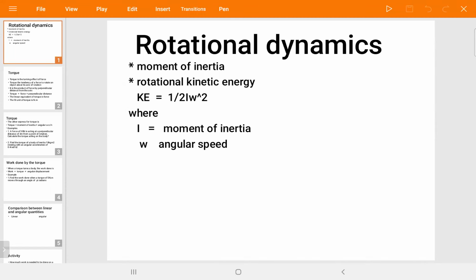This coefficient 1/2 comes from the shape of an object, so it depends on the shape. And for a sphere, for example, 2/5 mr square. So it depends on the shape, the size, the mass, and finally the rotational axis of an object.